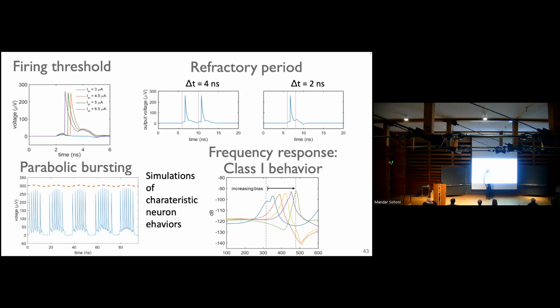You can see class 1 behavior, which is as the input is increased, the spiking frequency shifts. And you can see what's called parabolic bursting, which I am told is another piece of characteristic neuronal behavior, where as you modulate the input, you see this going in and out of the threshold.